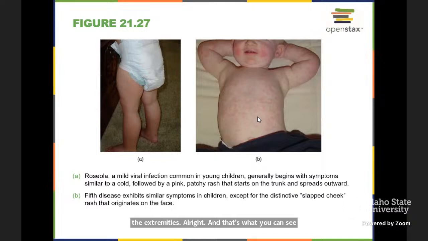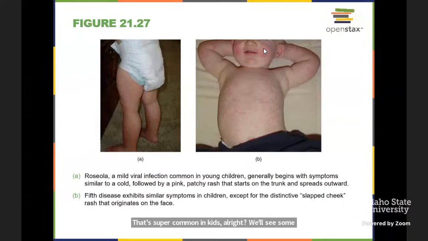Next door, a different virus, fifth disease, and they call it this because they say this is like the fifth viral rash infection that's super common in kids, all right? We'll see some details with this in a second, all right?